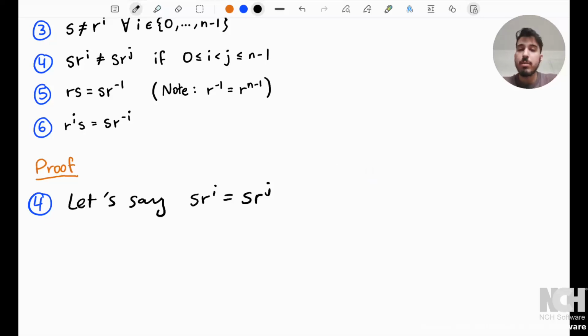I will be multiplying both of these sides by s, by the reflection. So s times s r to the i is equal to s times s r to the j. And that is equal to s squared r to the i is equal to s squared r to the j.